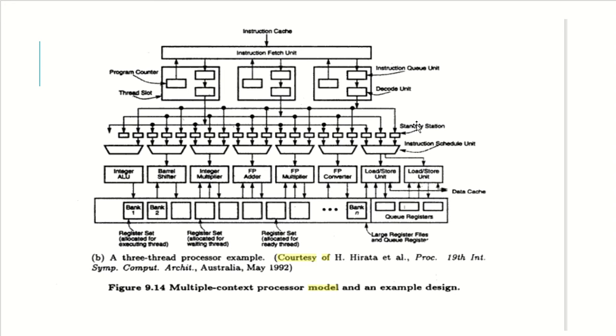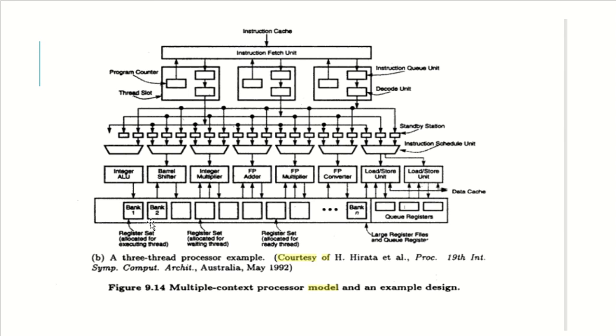Then you can have some standby stations, or what we call the reservation stations. Then you can have an instruction schedule unit. You can see there is an integer ALU, barrel shifter, integer multiplier, FP adder, which is floating point adder, floating point multiplier, floating point converter, and multiple load store units.